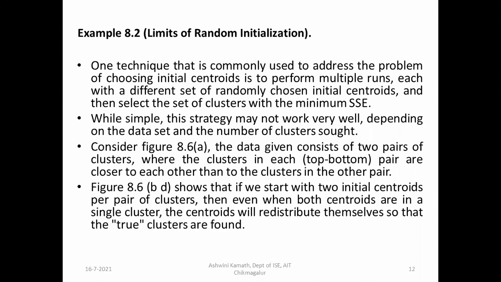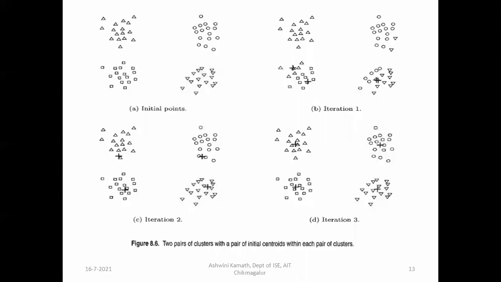Figures 8.6b, 8.6c and 8.6d show that if we start with two initial centroids per pair of clusters, then even when both centroids are in a single cluster, the centroids will redistribute themselves so that the true clusters are formed. So we are going to select 2 points for each pair of clusters.